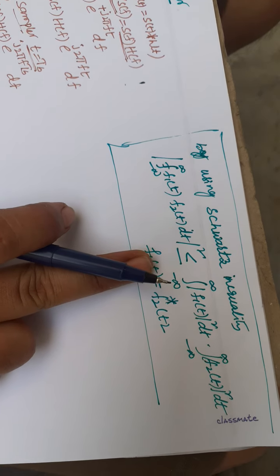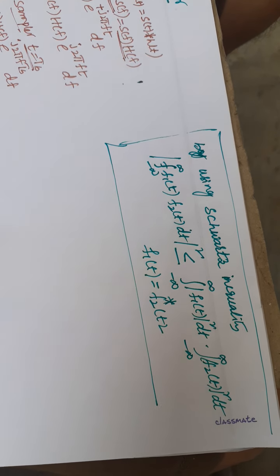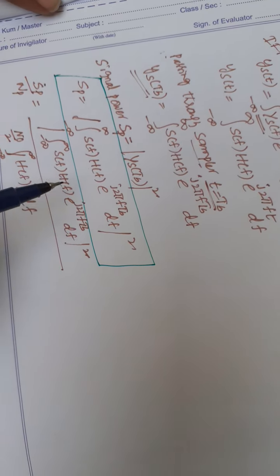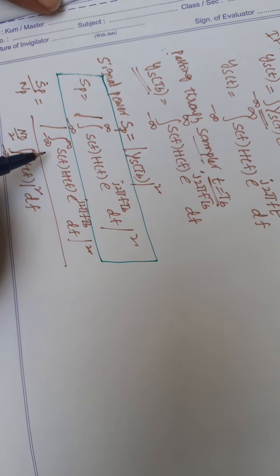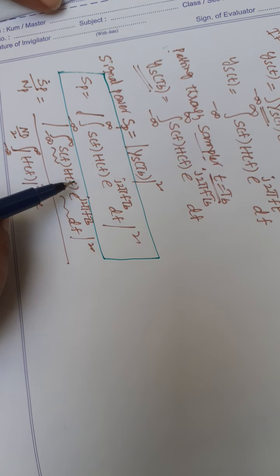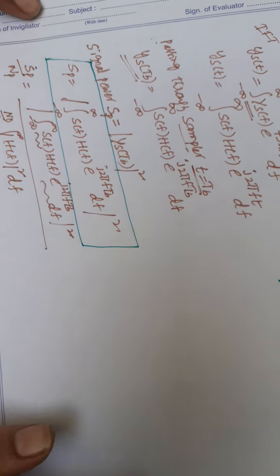By using this, I want to separate the signal component, right? The signal component looks like this. So I want to make the combination of S(f) and this combination separately, so that I can cancel H(f).